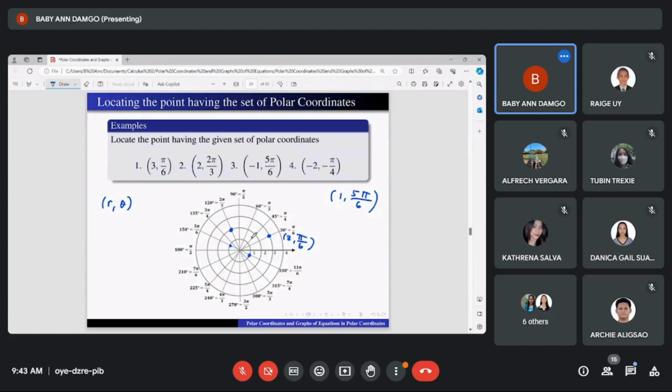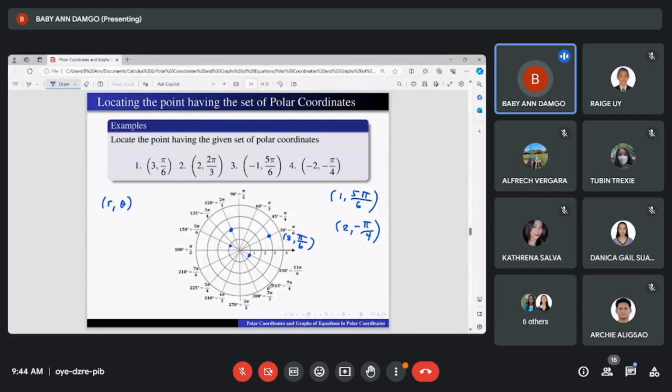If it is positive, we have a counterclockwise direction, while if it is negative, we have a clockwise direction. So since it is negative, it is reversed. So it is here at 7 pi over 4. The 7 pi over 4 is the same as negative pi over 4.